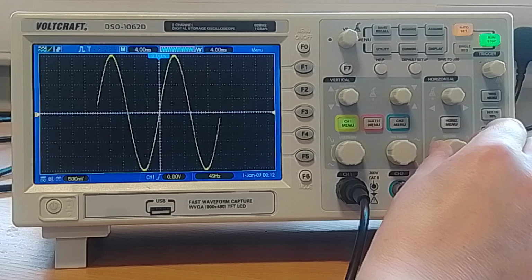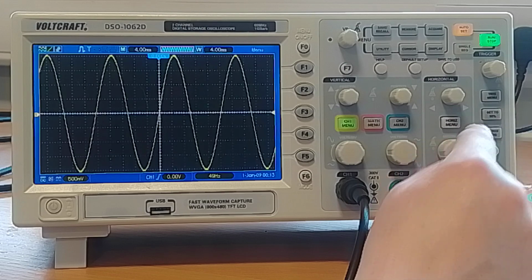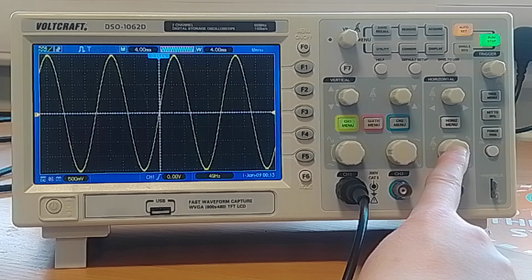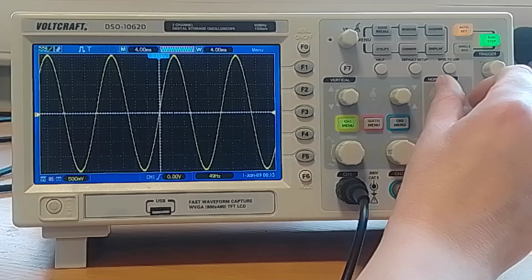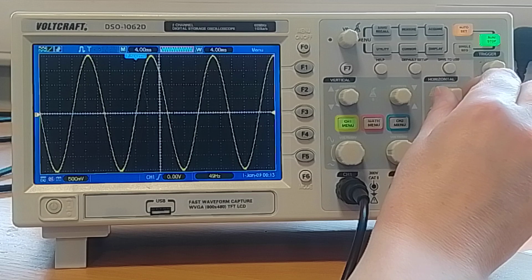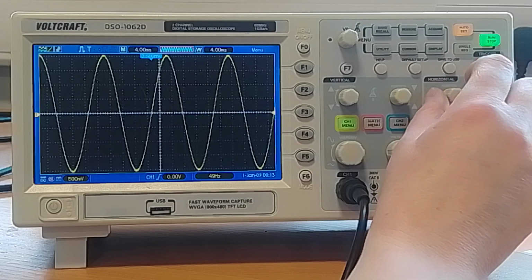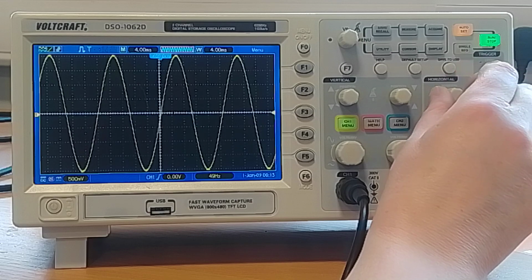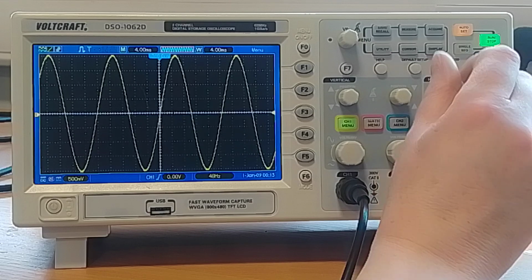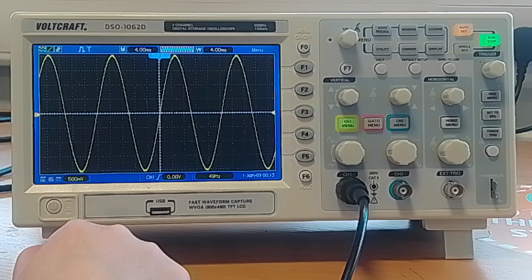So I can't really see a full wave there, so I'm going to bring it in one more time on my time base here. If I wasn't right on this crosshair here, I could use this control to move my wave about. So I'll put it back where it was. So that's my time base now.